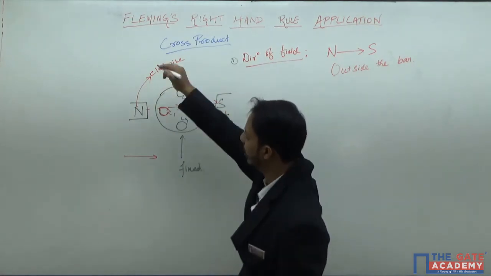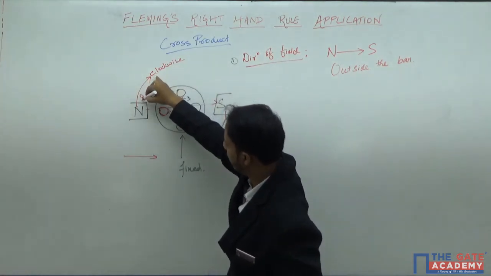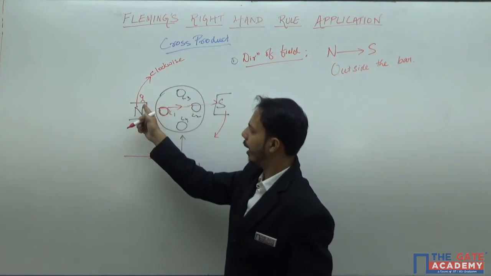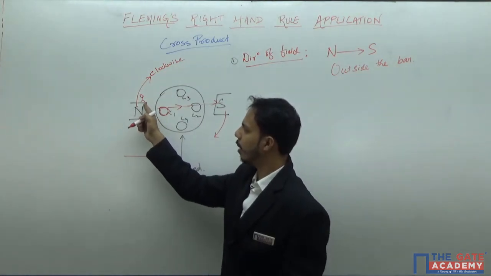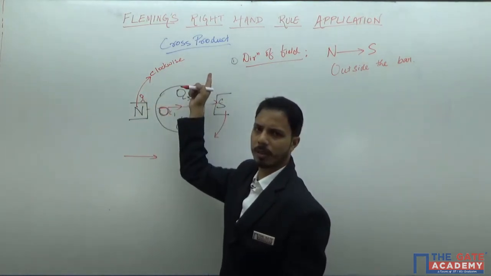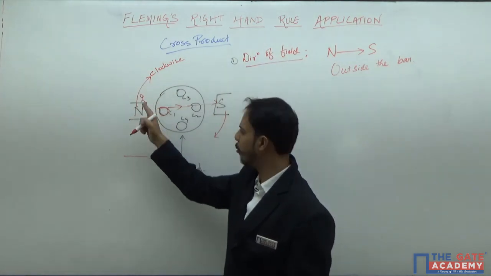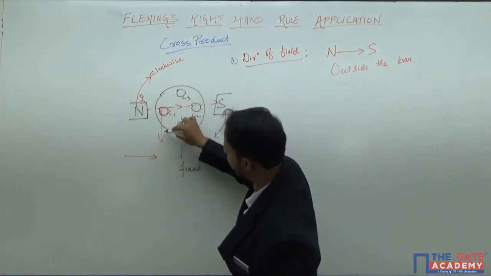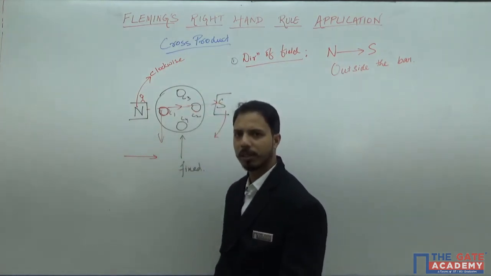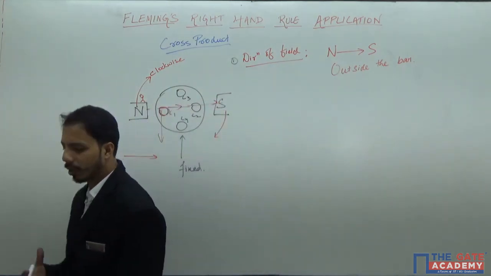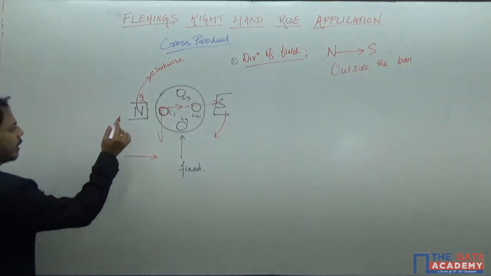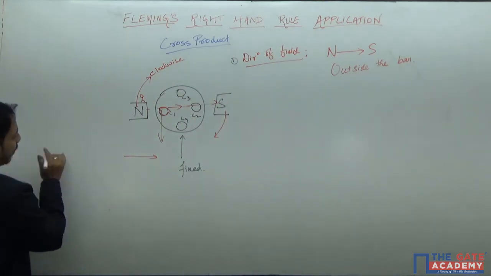Now if I am standing here and I am moving to this side, then with respect to me this conductor is going in the opposite direction. This might be somewhat difficult to analyze in this way, so it is simply like this.